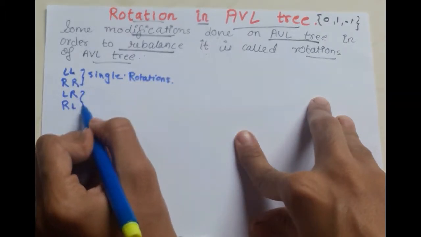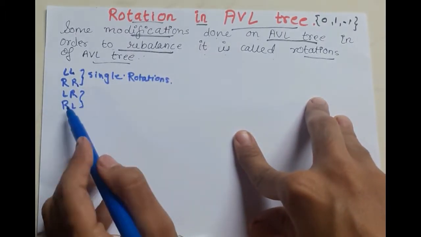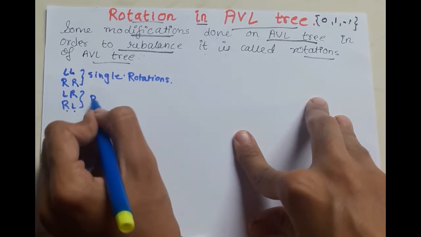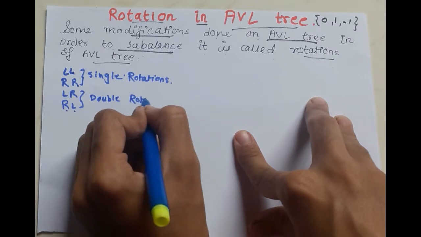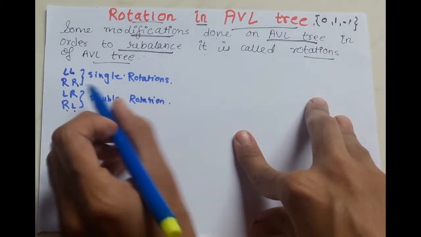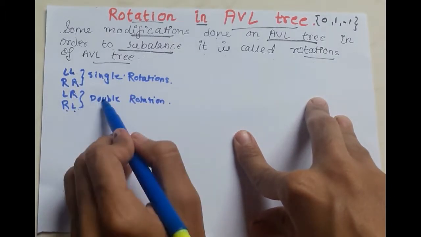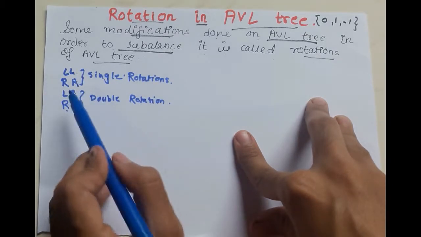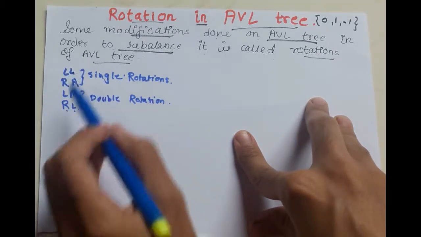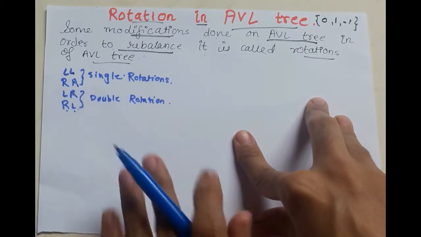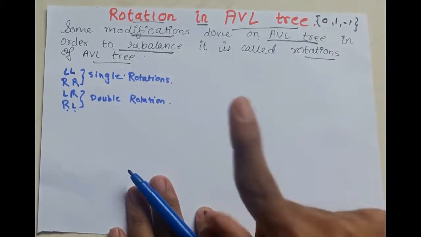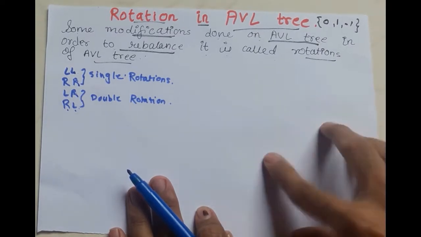And LR and RL are double rotations. Why so? You will get the reason when you see these 4 types of rotations, why these two are single and why these two are double. Okay. So the first one is LL rotation.